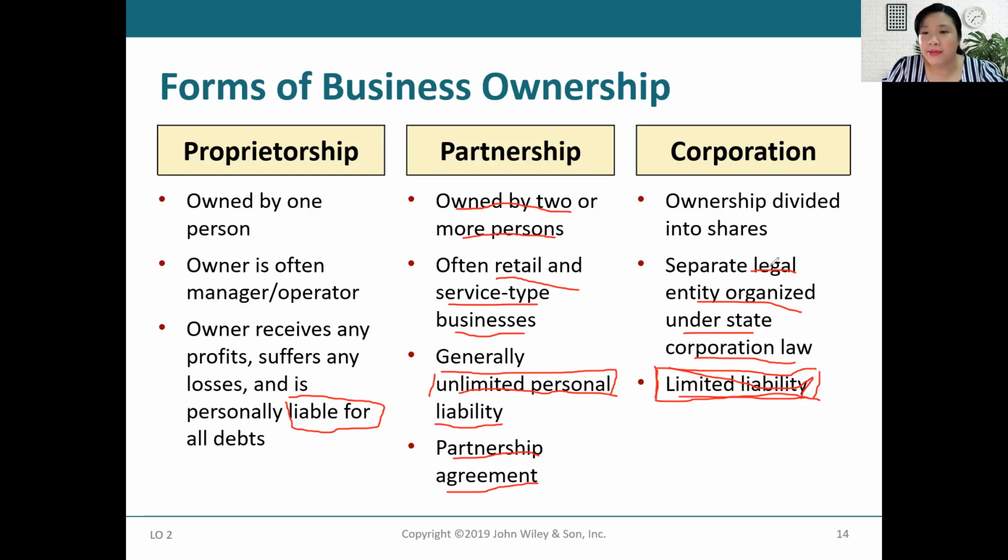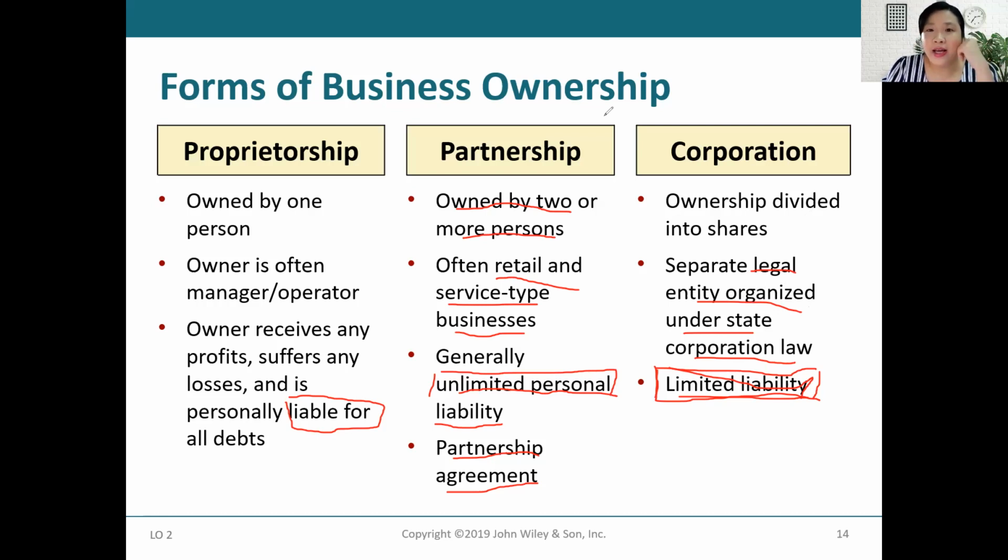Okay, so they don't have to sell their houses, their cars, or use the money from their bank account to pay for the debt of the corporation when it goes bankrupt. They are only responsible up to the amount that they invest in the corporation. If they invest $500, they will be responsible up to $500. If they invest $1,000, they will be responsible up to $1,000.